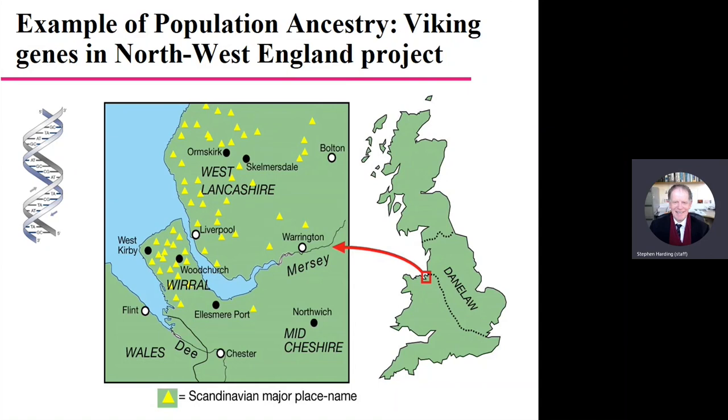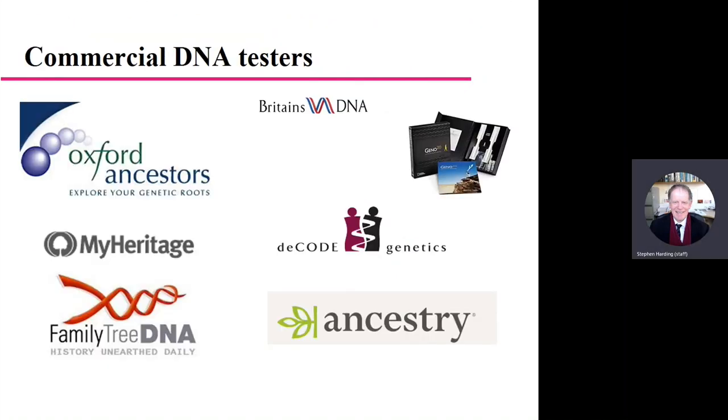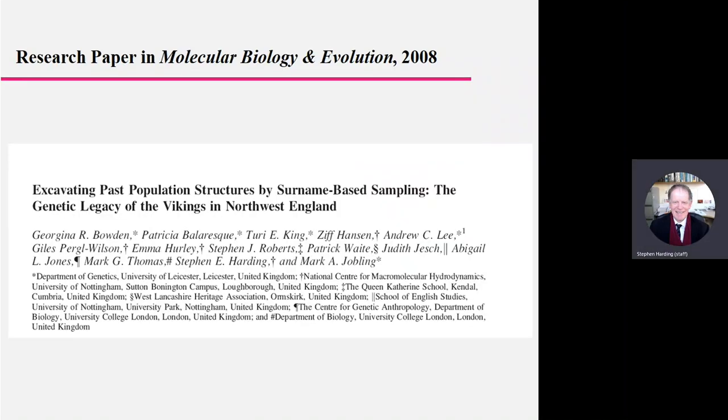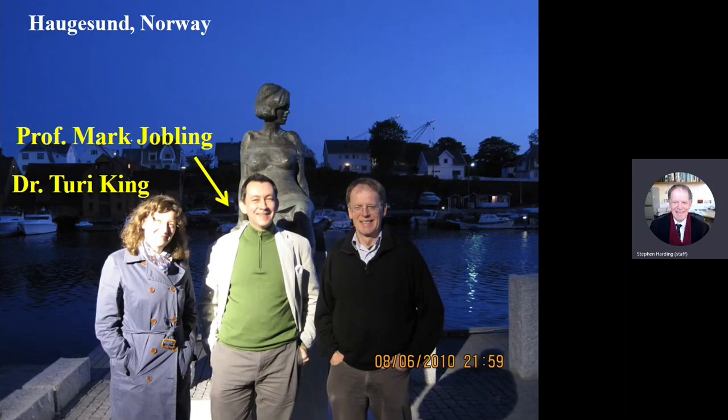That's where Professor Sir Alec Jeffreys developed all the forensic DNA methods, just down the road from us, 15 or 16 miles or so. So we teamed up with them, and this was the result. We had a paper published in 2008, and a book that came out a couple of years later. But I'll say more about that later on.